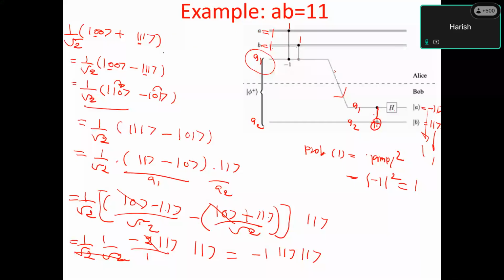Bob is already in possession of another entangled qubit Q2, and it will apply some decoding, and it will have A and B. So ultimately Alice is able to send 2 bits of information successfully using superdense coding. The word superdense means that we are able to densely put 2 bits of information in a single qubit and communicate it to Bob.